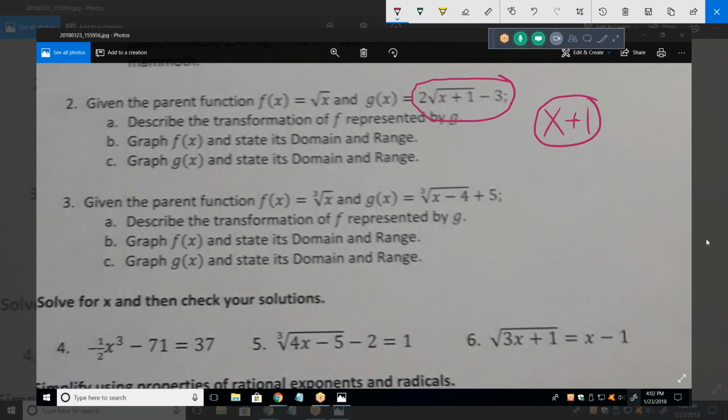It's whatever's inside the radical sign that can't be negative. So what is true about x plus 1? Correct. Okay, now solve that inequality for x.